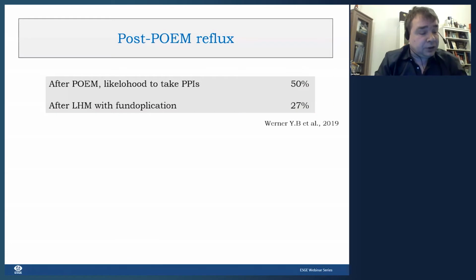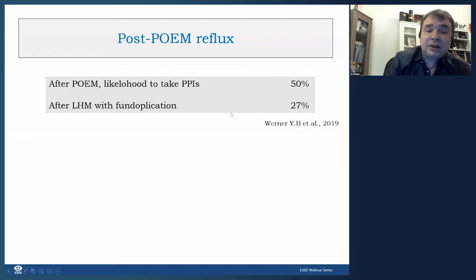The important point is also post-POEM reflux. After POEM, the likelihood of taking PPIs is 50% according to this randomized study. But after laparoscopic myotomy with fundoplication, the need to take anti-reflux medication is almost 30%. It means not 0.